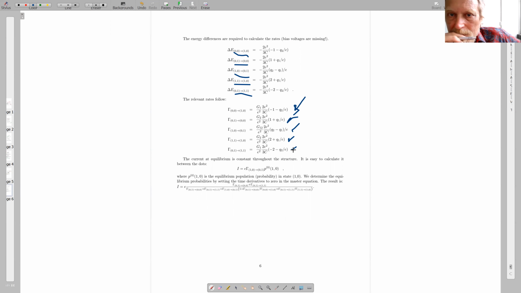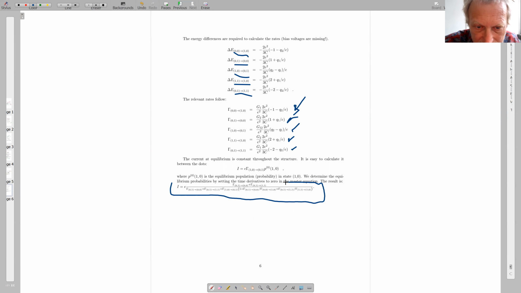We didn't put bias voltages, assuming that it's not important. And right now we need to solve this equation. Good. It's again a stationary case, a linear equation on probabilities. Since 4 probabilities are involved, the solution looks a bit more complex than for 2. Anyway, it can be solved, and this is the final expression for the current.